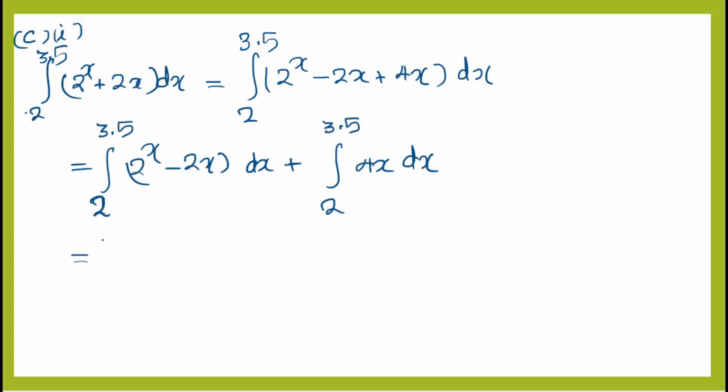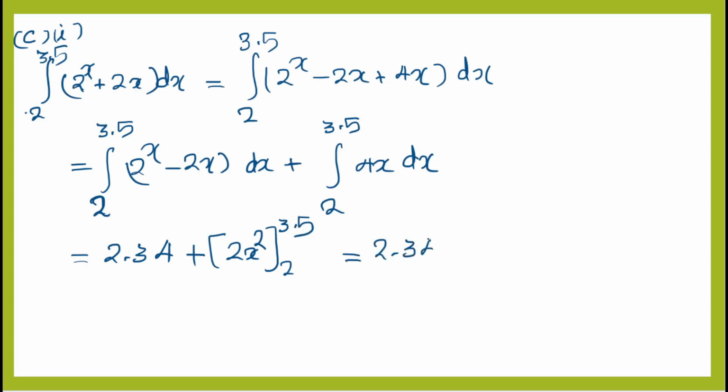Now using part B, we got the answer of the first integral as 2.34 plus integral of 4x is 2x square to the limit 2 to 3.5. It's 2.34 plus 16.5 equals 18.84.